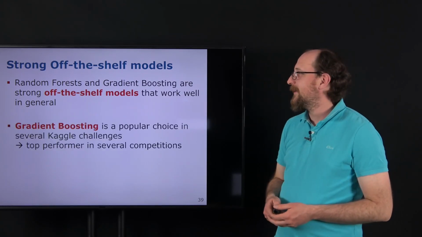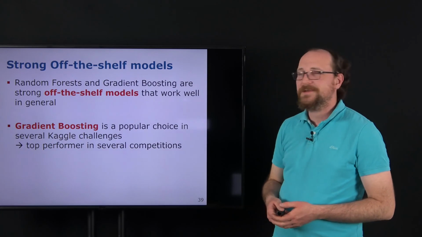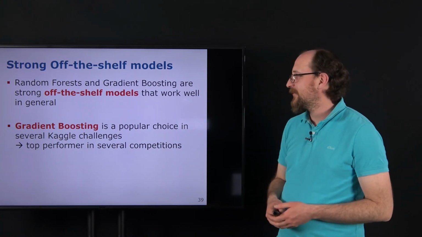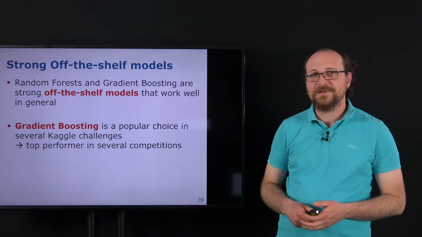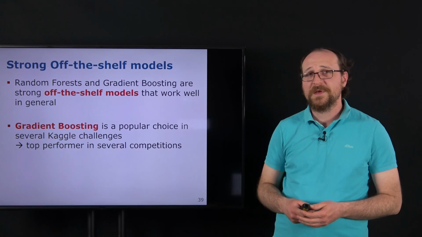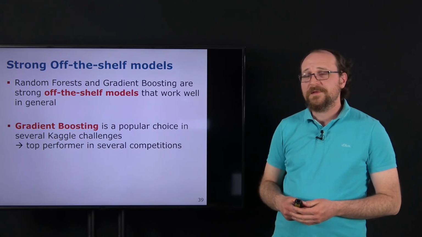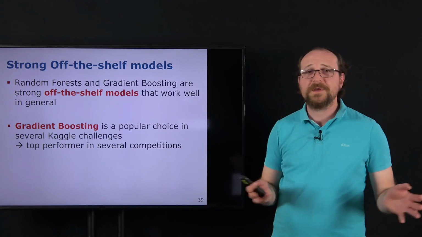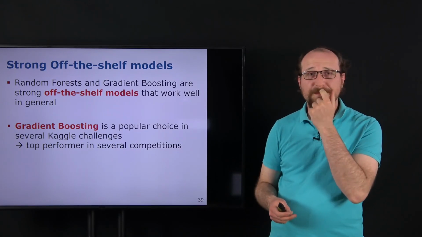So gradient tree boosting is very popular, basically. And it is also the best performing model in many Kaggle challenges, because it's very powerful: you can train it for, say, 1,000 rounds, and then you get a very strong classifier in the end.